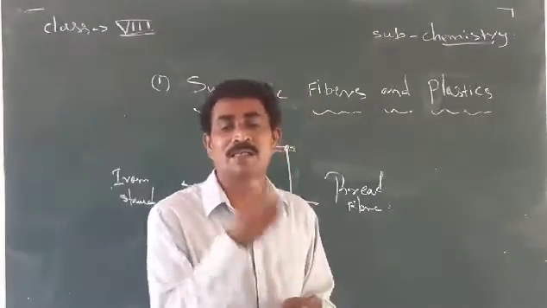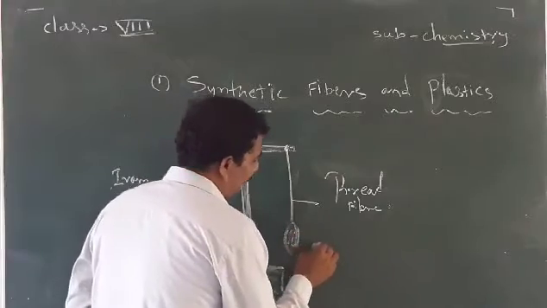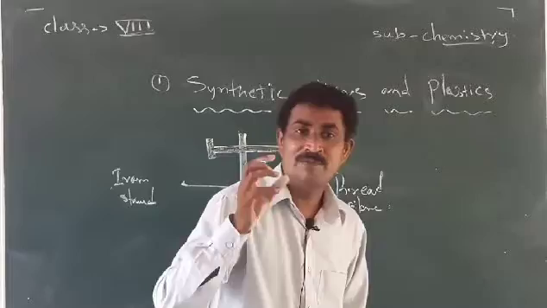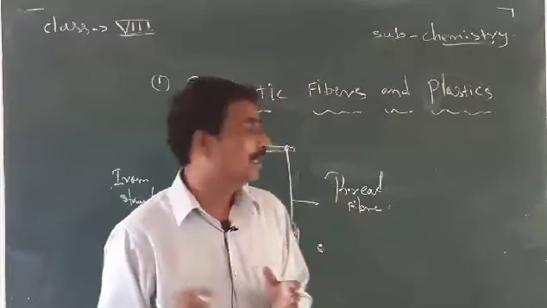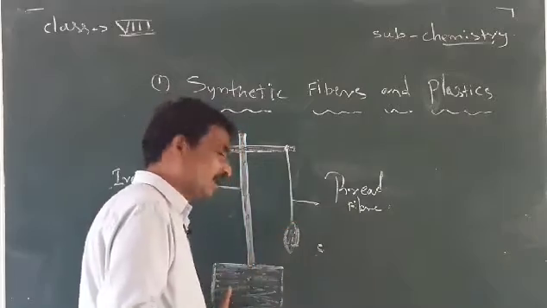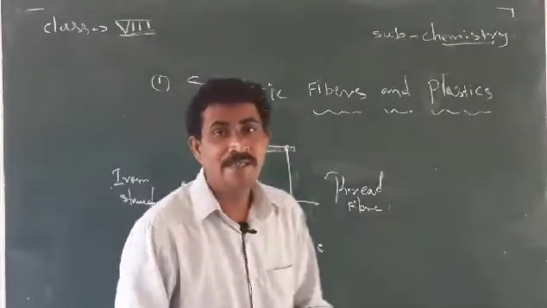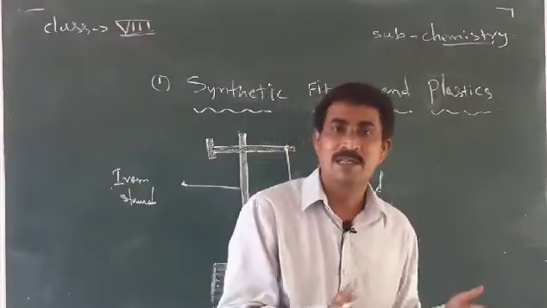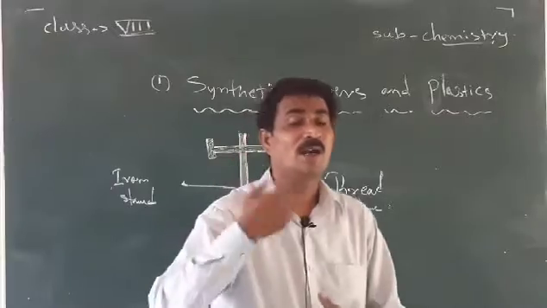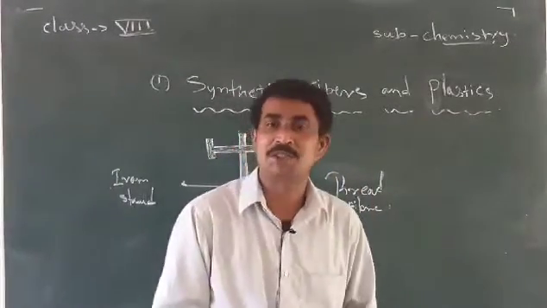We hold a weight of 5 gram, 10 gram, or different weights on each thread, and compare how each fiber holds the weight. We want to see all this in the observation.